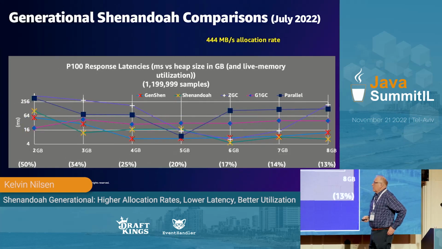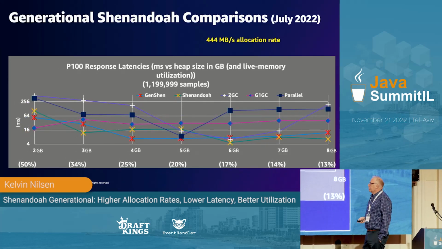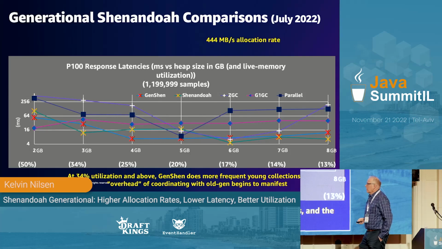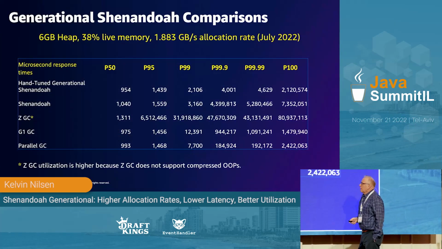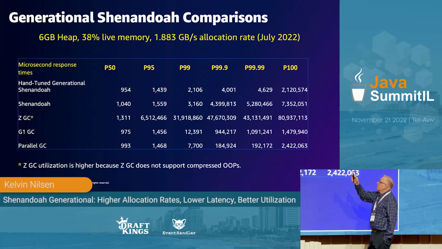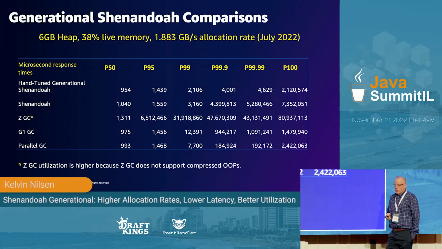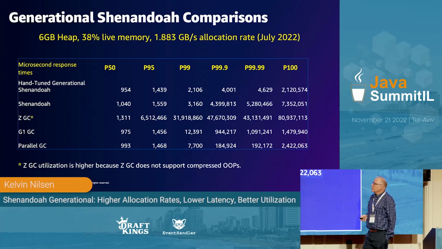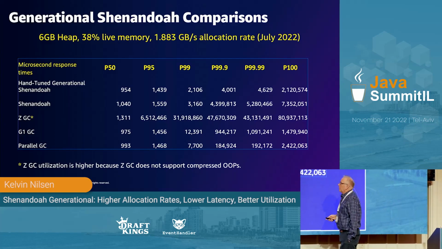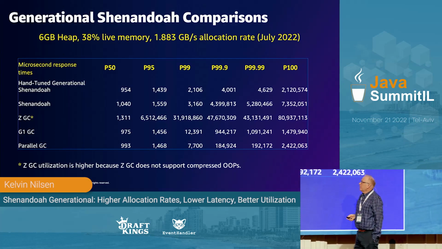And finally, I wanted to show one other chart here. This is almost a 2 gigabyte per second allocation rate with a 6 gigabyte heap, 38% live.